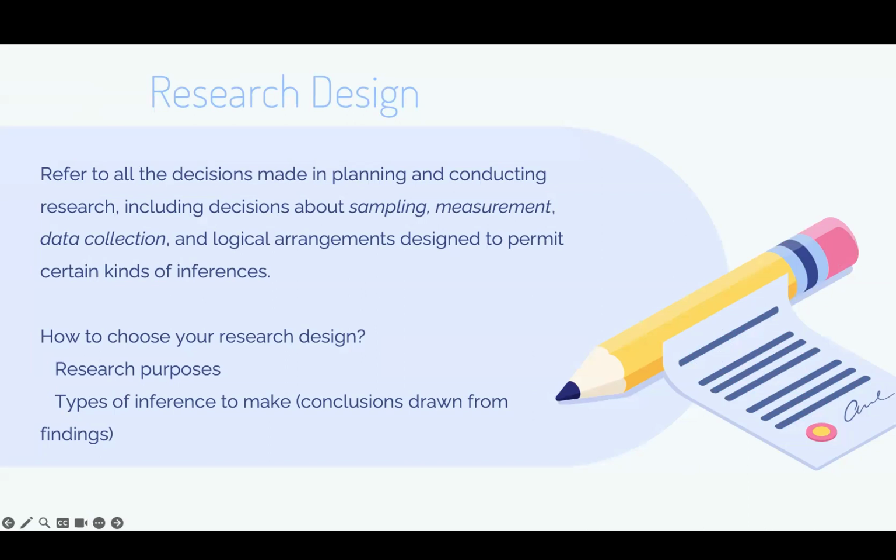What conclusions do we want to draw from our data? It's a bit like being a detective. We have a case to solve, and we need to choose the right tools and methods to crack it. So let's put on our detective hats and start piecing together our research design puzzle, ready to play Sherlock Holmes in the world of social work research.